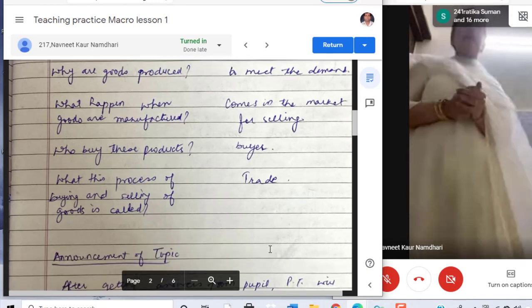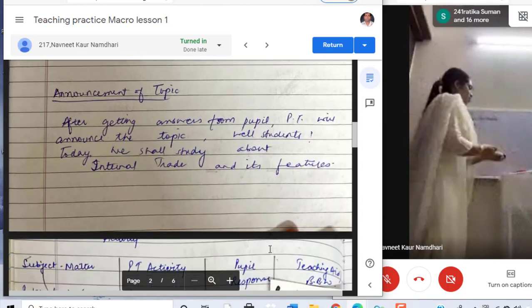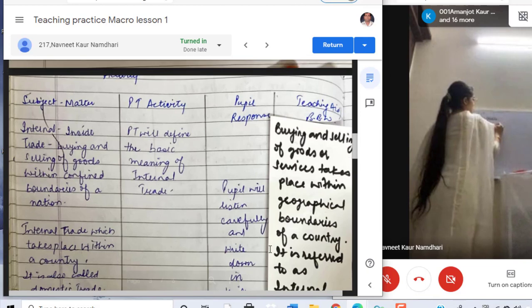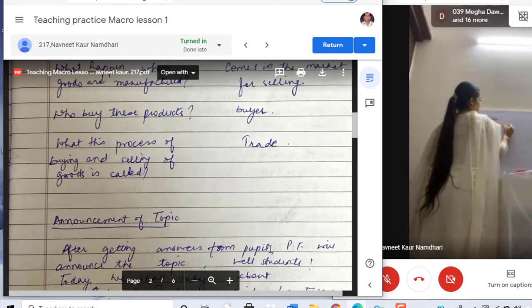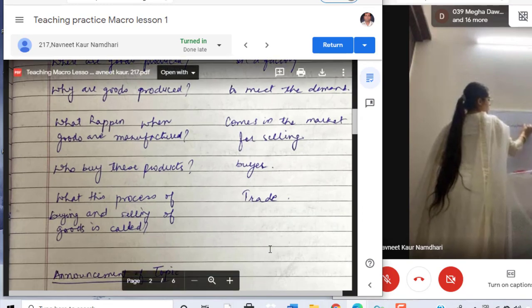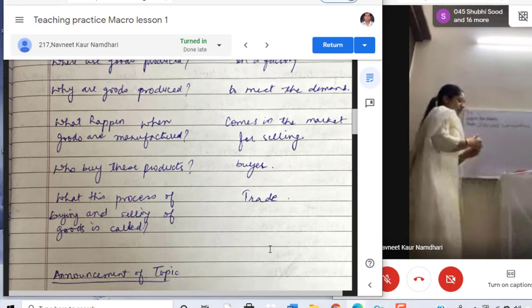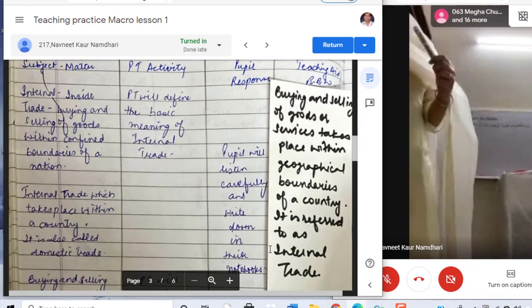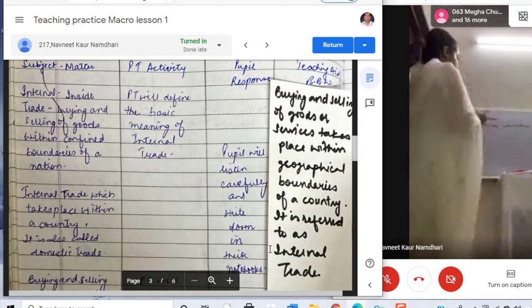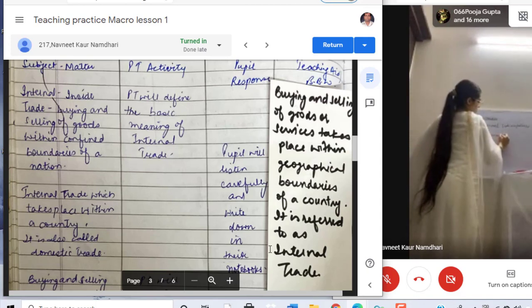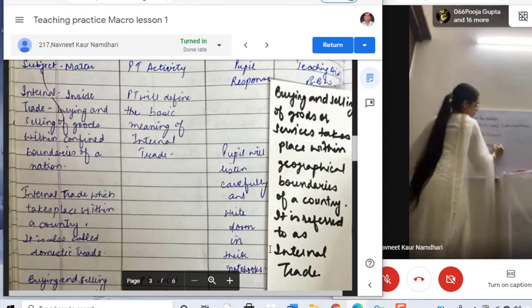So today we will understand the topic of internal trade and its features. So, students, internal trade is a combination of two words: internal and trade.